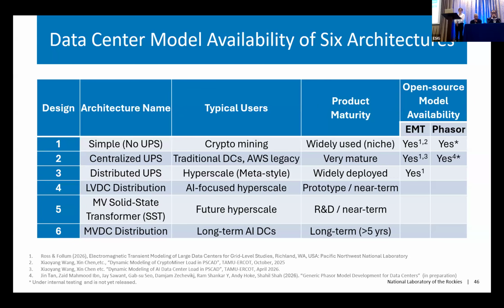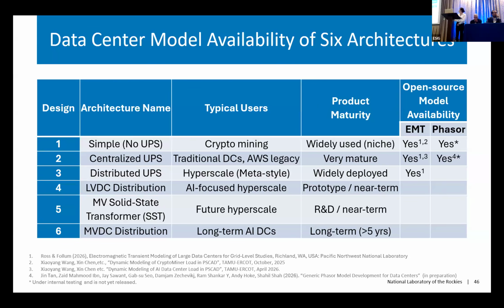And now the centralized UPS that Shahil presented, that one is actually a very good representation of current data center usage. And when we're moving towards the future, the distributed UPS, SST, and low voltage DC distribution, these types of data center architecture will be under consideration.